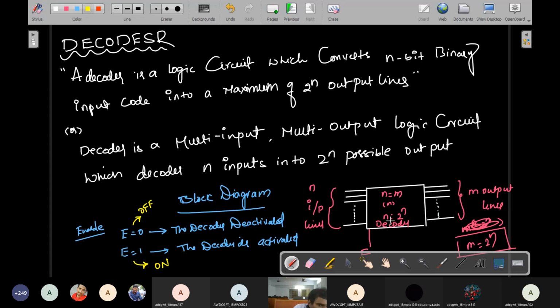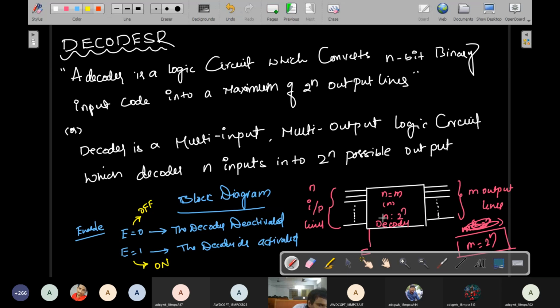Generally, we have a lot of decoders. Suppose if you are taking two inputs, 2 power n outputs, that is called 2 to 4 decoder. If you consider three inputs, then you will get 2 power 3. 2 power 3 means 2 twos are 4, 4 twos are 8.